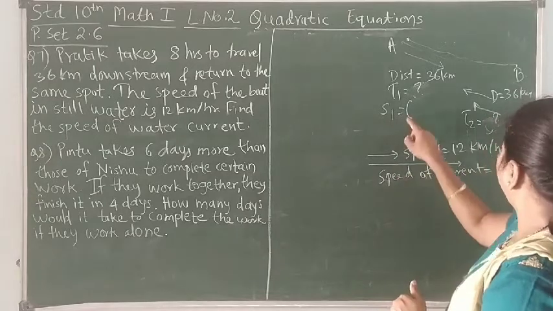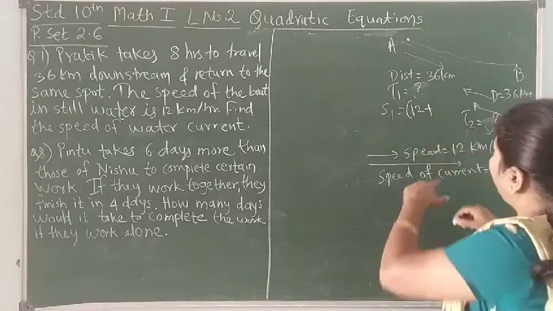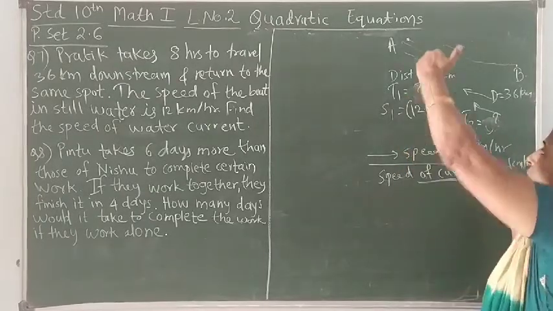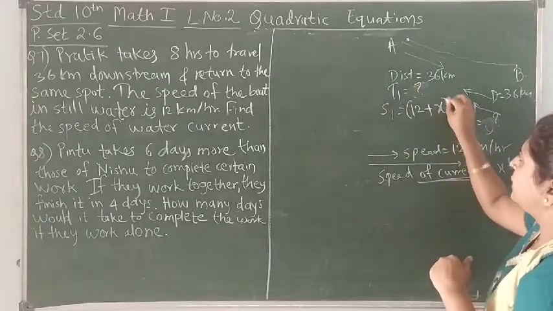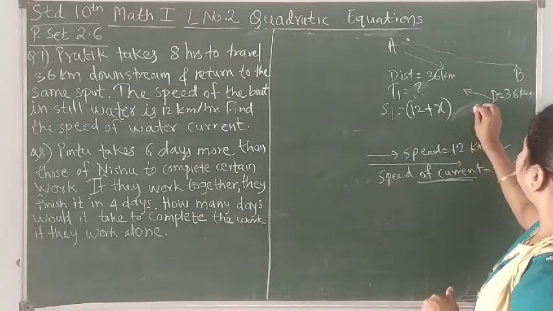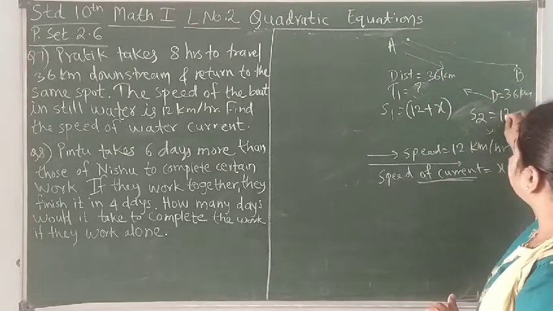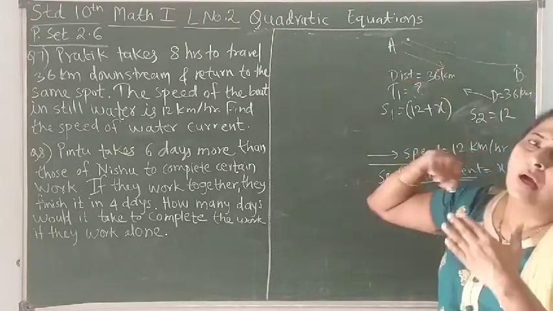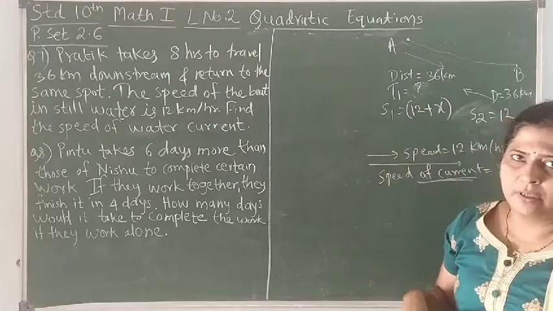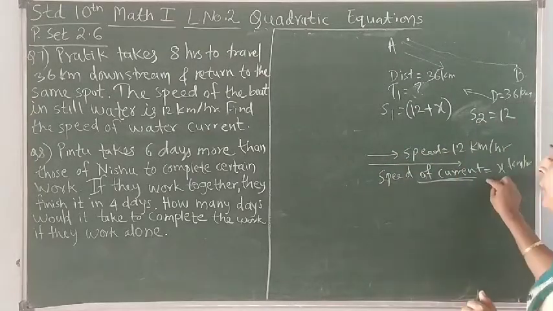Then here the speed will be what? Normal speed is 12, plus we have to add the speed of the current while going downstream. And what will be the speed while going upstream? Normal speed is 12, but as you are going in the opposite direction, upstream, your speed will be reduced by the speed of the current.